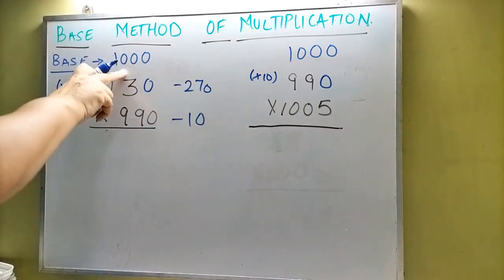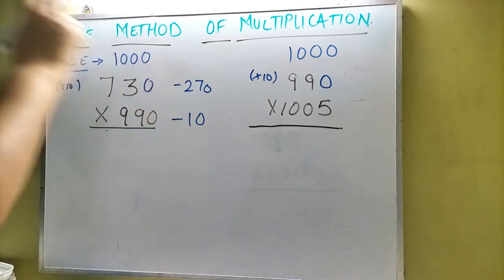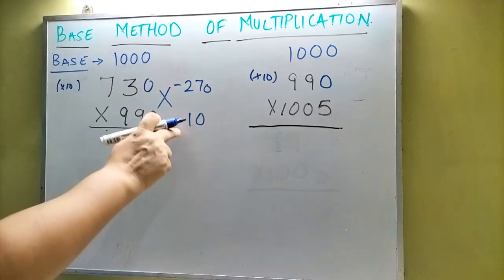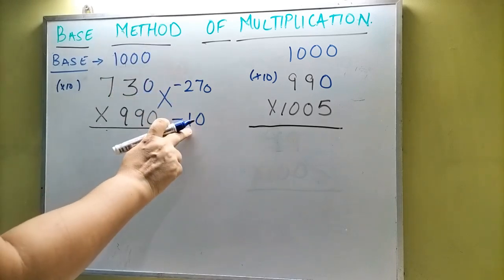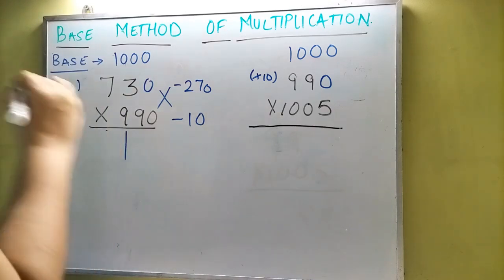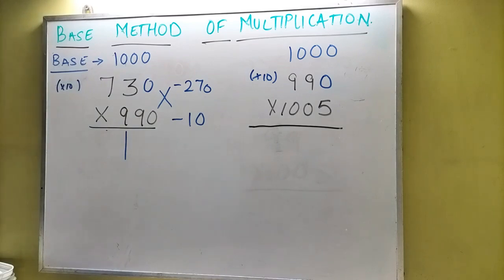Now I have found the base, I have done the subtraction with the base. I put a cross sign and I subtract 730 and 10, or 990 and 270 in either of the cases. Oops, I am very sorry, I missed out the next step.